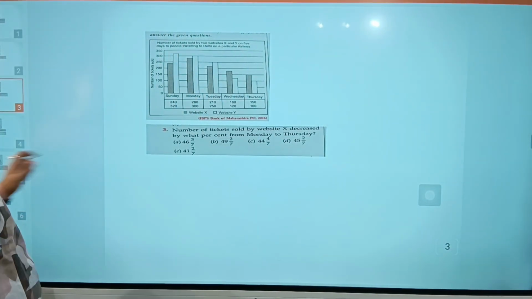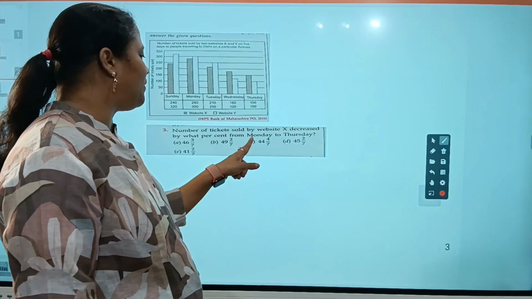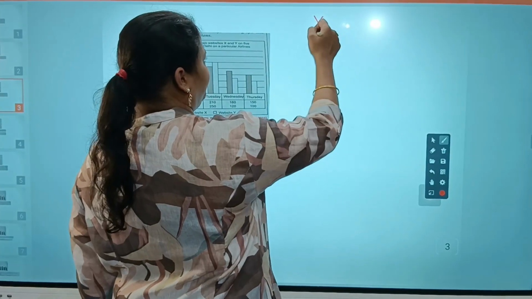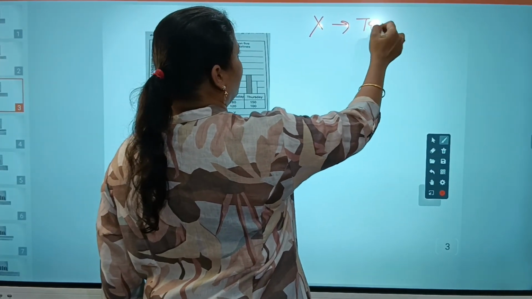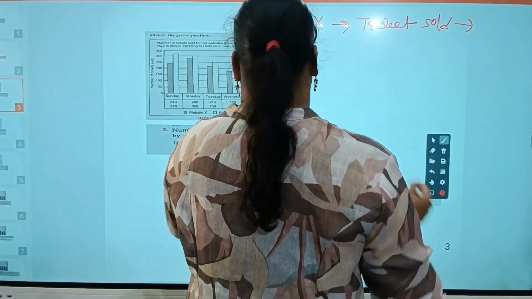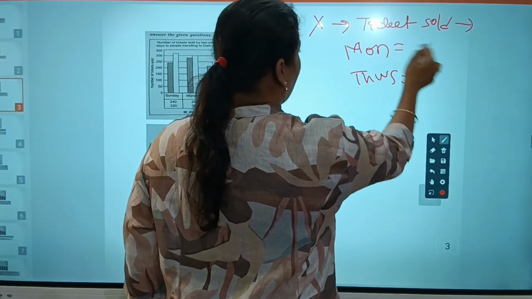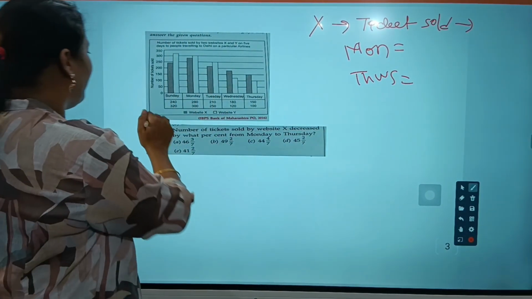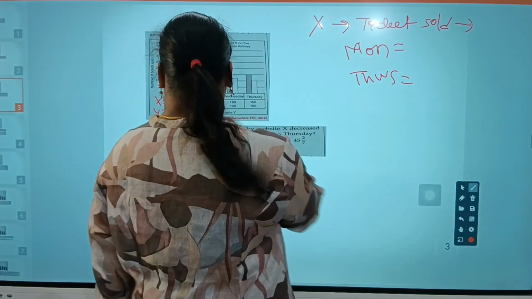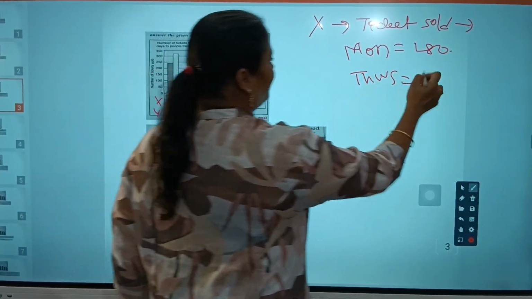The next question: the number of tickets sold by website X decreased by what percent from Monday to Thursday? So we have to take the X tickets sold on Monday and Thursday from the graph first. The Monday value is 280 and the Thursday value is 150.